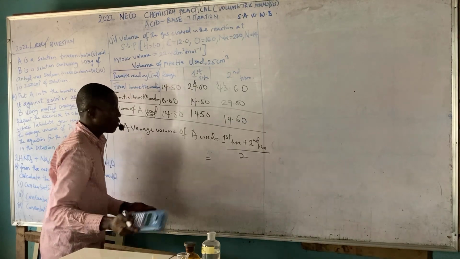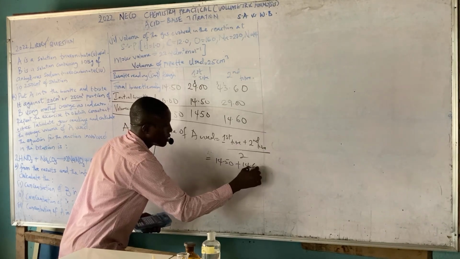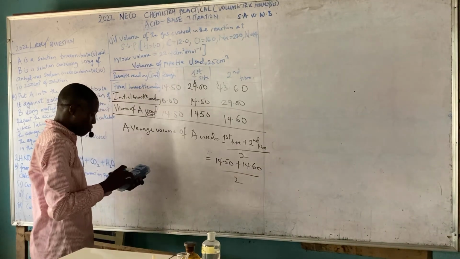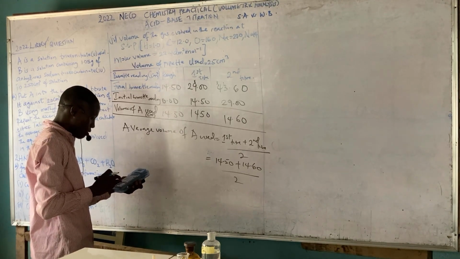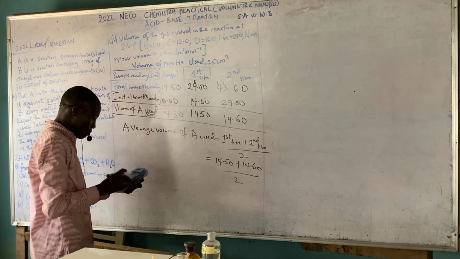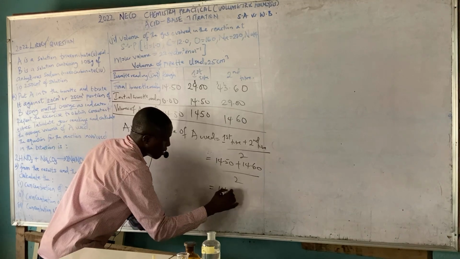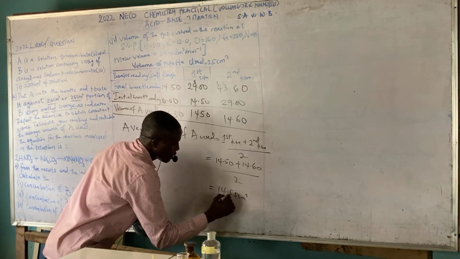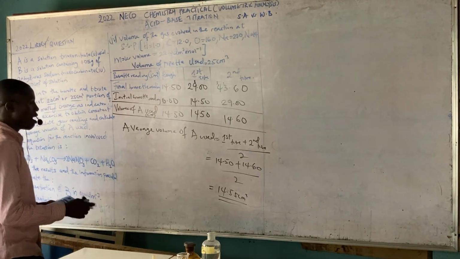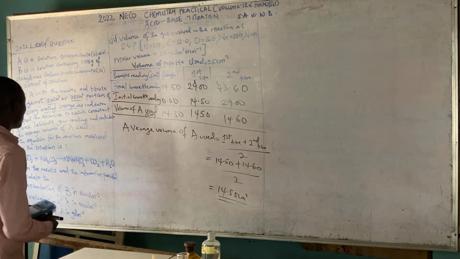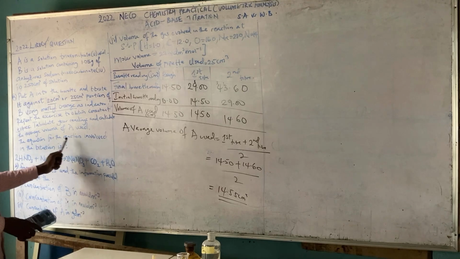We have 14.50 plus 14.60 divided by 2, we have 14.55 centimeter cube. So that is the average volume of A used.